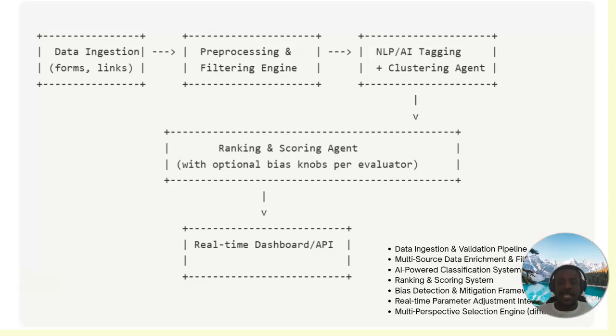So the next thing we want to see is the real-time dashboard, right? So for example, once I've been able to break my pool down, I have my clusters from 2000, I have my clusters of 100, then I have the second one of 50, then I have another one of 10, like the top 10. Don't forget that we are breaking them into those clusters. If it's going to be used by an accelerator, you have, okay, let's classify the founders by industry.